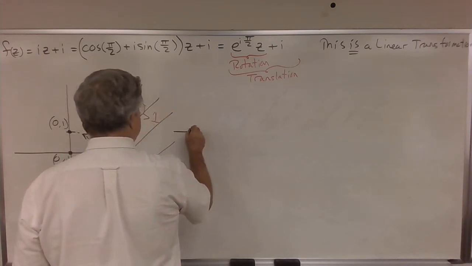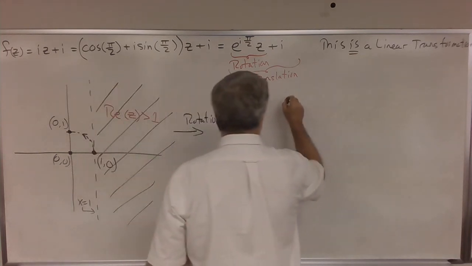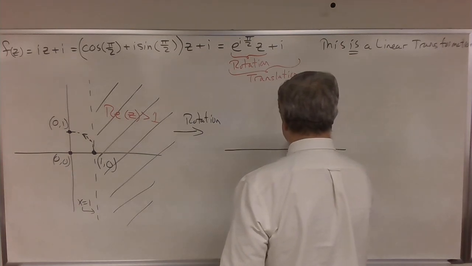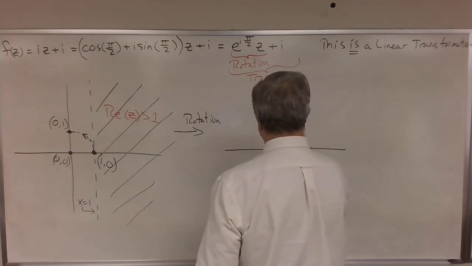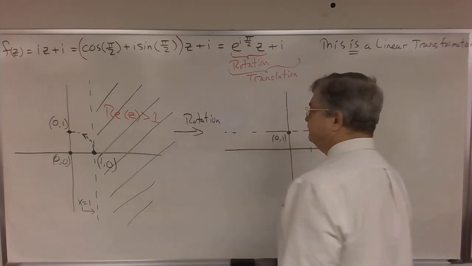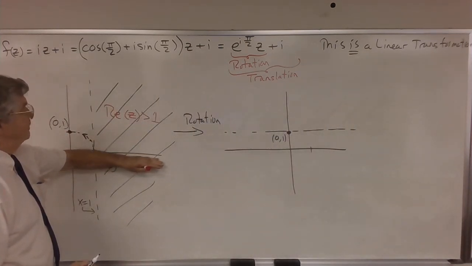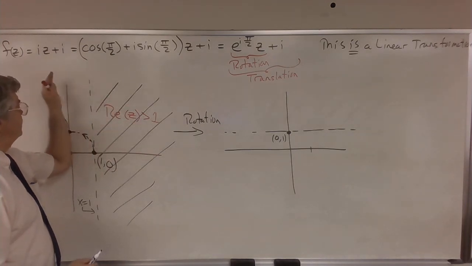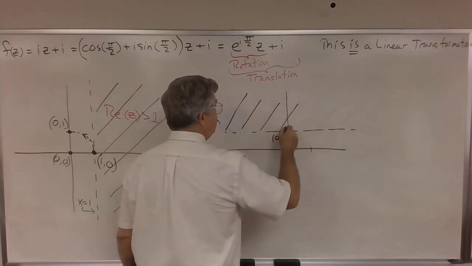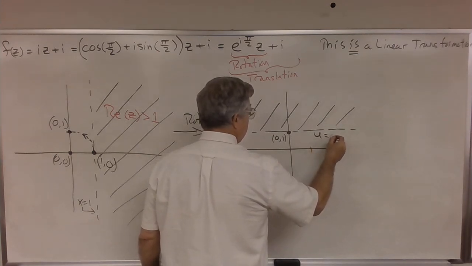So we have the rotation, this whole region revolved by an angle of pi over 2 about the origin. So now this is the rotated region, and this is u equals 1.